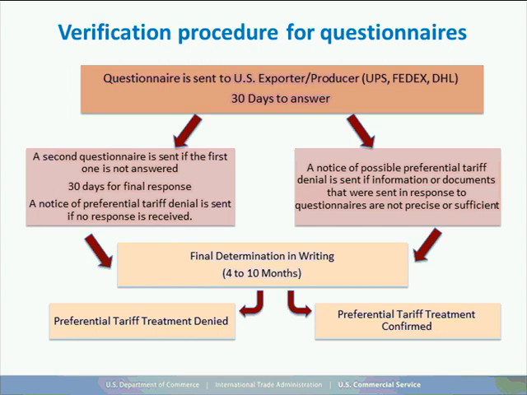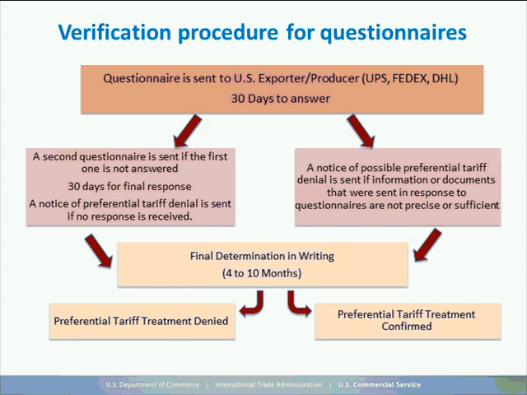Also, it is very important that the U.S. exporters have a good system to verify who receives the courier services or the mail in their companies, because in many cases Mexican Customs are saying that the documents or the questionnaires are delivered to the company, but the appropriate personnel to answer these questions never receive them.